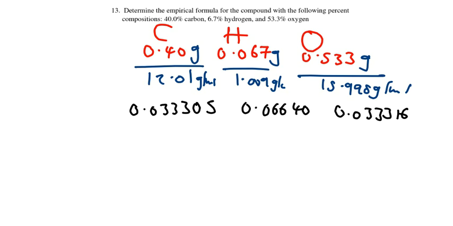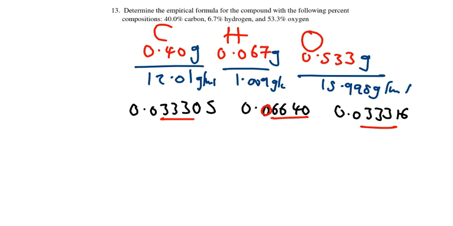If you compare them, going for the first 3 significant figures, these two are just the same, and the other one is 0.0664. So these are the number of moles.